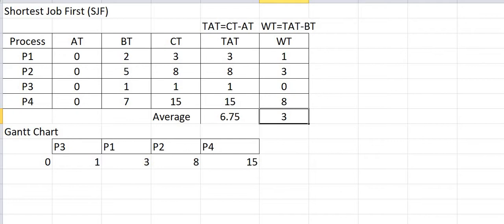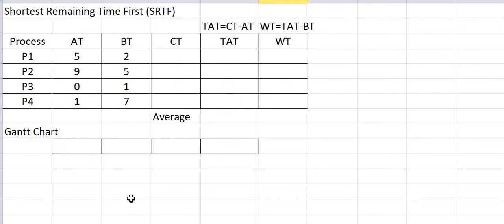Now let us move into the SRTF. That is, when a particular process is given with the arrival time, we make sure based on the arrival time we have to process these processes. Suppose a process arrives at 0 and then the next process arrives by 2 milliseconds, for example. If the first process has 10 milliseconds, it can process only for 2 milliseconds.